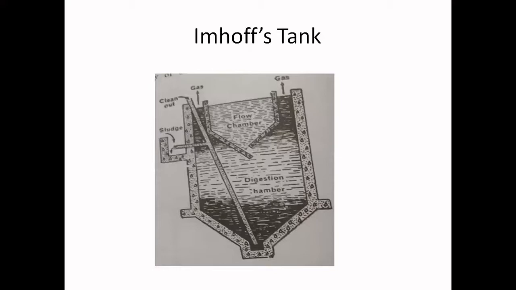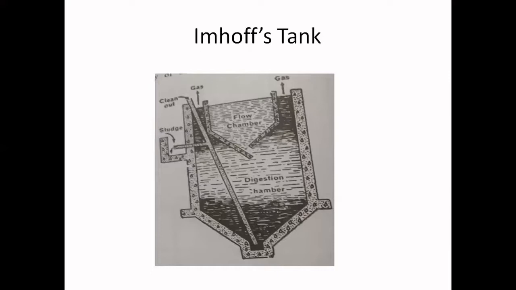In order to facilitate the fall of such solids into the digestion chamber, the bottom of the sedimentation chamber is given a slope of about 1:1. The minimum width of the slot should be about 15 centimeters and it should be constructed in such a way that the return of gas into the sedimentation chamber from the digestion chamber is prevented.